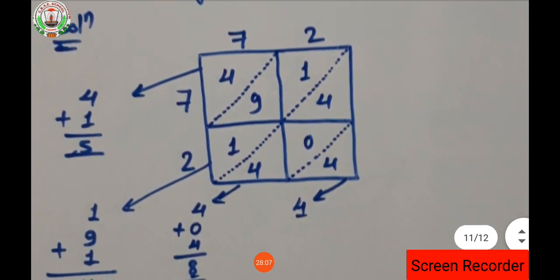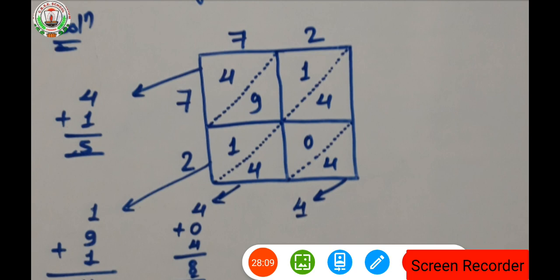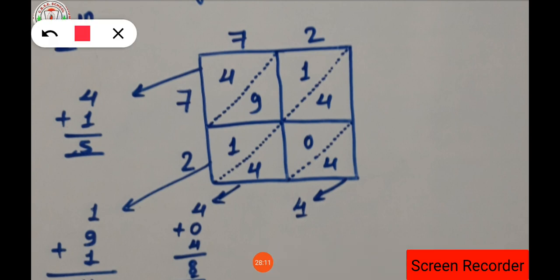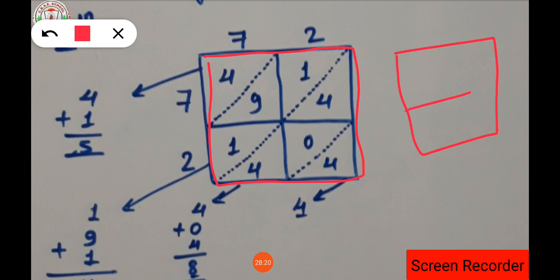So in this, what do we have to make? You have to first make a square box. Okay, first you have to make a square box like this. That square box will be divided, as we are having a 2-digit number, so 4 boxes will be there. If we are having a 3-digit number, then 3 cross 3 boxes will be there.